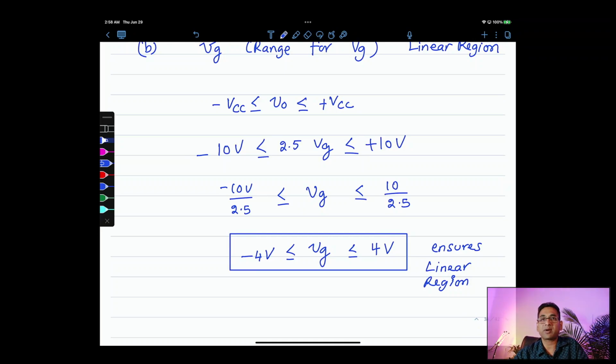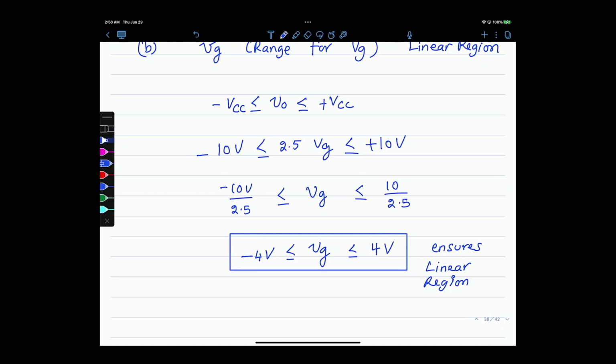Pretty straightforward problem. All right, so that completes our discussion on the non-inverting amplifier. Think about this: it is called a non-inverting amplifier because, pay very careful attention, what's the value of Vg?